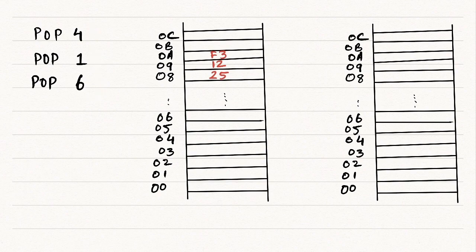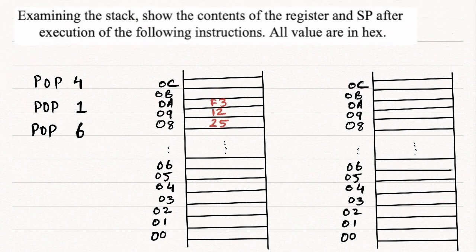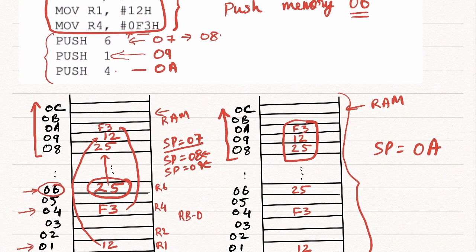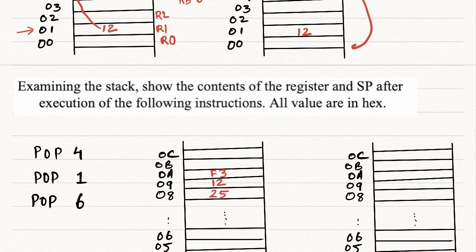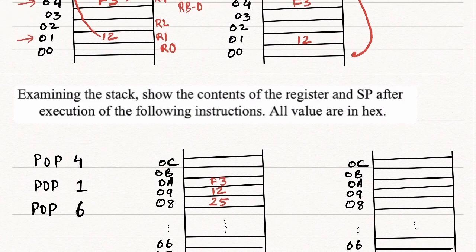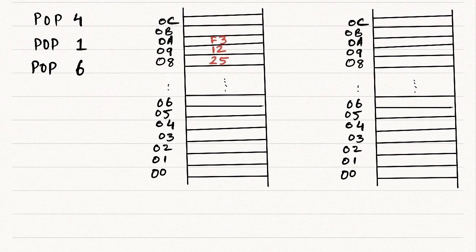Now, look at the sequence in which we are popping. It's not always required to be like this, but an ideal way, if we want to restore the values exactly in the same position where they were before, is popping in a last in, first out manner.